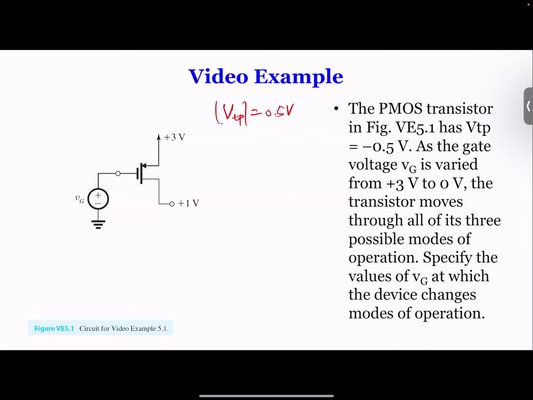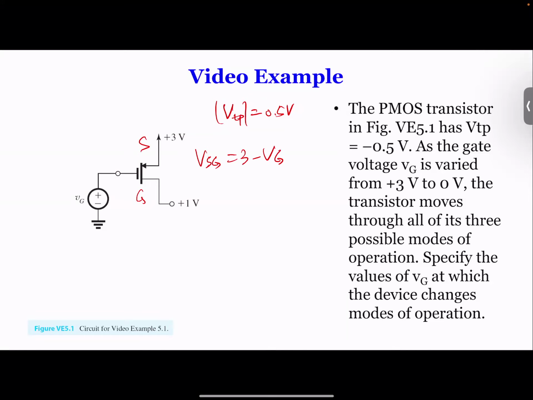Just simply use the absolute value. And then it says VG varies from 0 to 3. Now, you see here, this is S, this is G, right? So VSG is 3 minus VG. So that's important. VSG, with 3 volts as the power supply, minus VG. So when VG is 3, your VSG is 0. When VG is 0, SG is 3 volts.